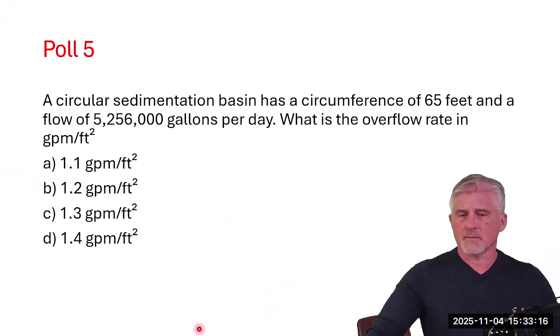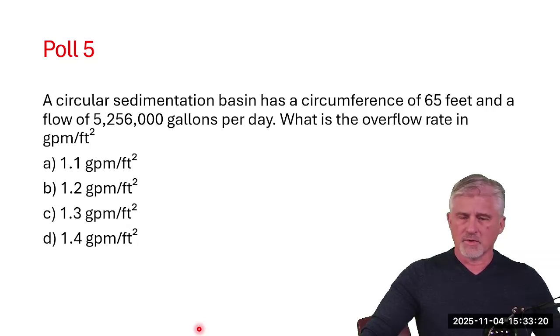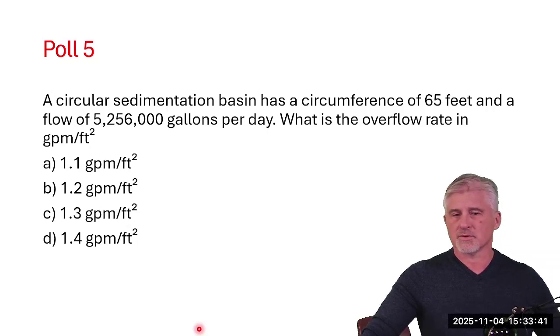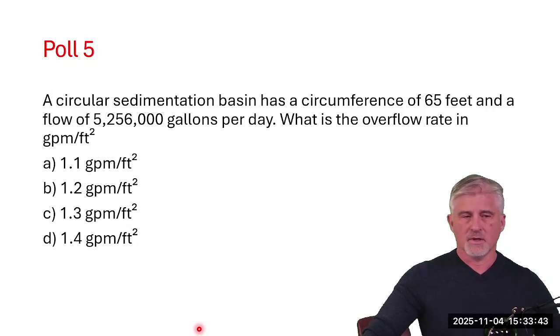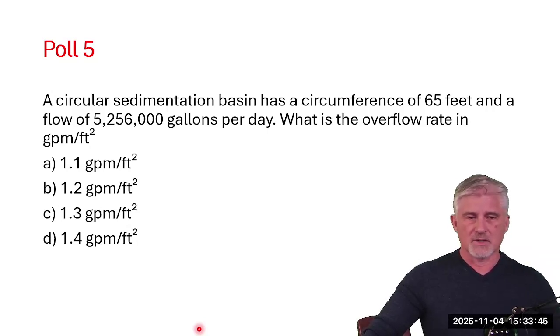So Greg, just to clarify something, the poll number 5, the actual initial poll question had circumference on it, and then the subsequent slides, so that would be slide number 90, mentioned diameter.